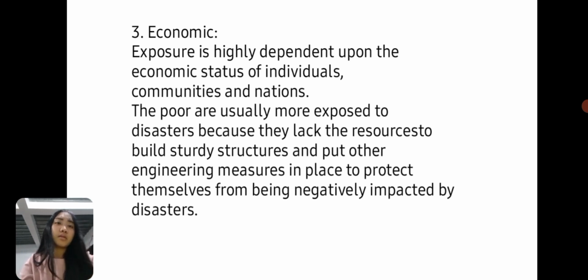Number three, economic. Exposure is highly dependent upon the economic status of individuals, communities, and nation. The poor are usually more exposed to disaster because they lack resources to build sturdy structures and put other engineering measures in place to protect themselves from being negatively impacted by disaster.